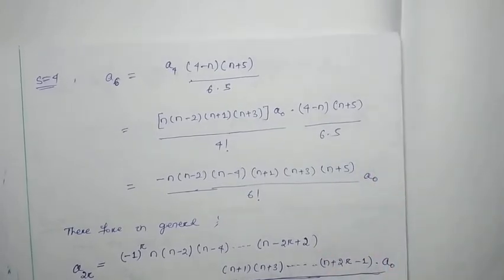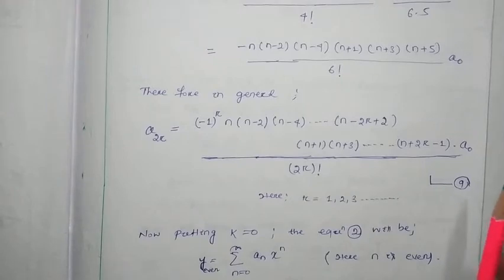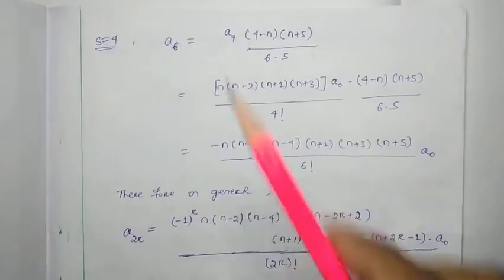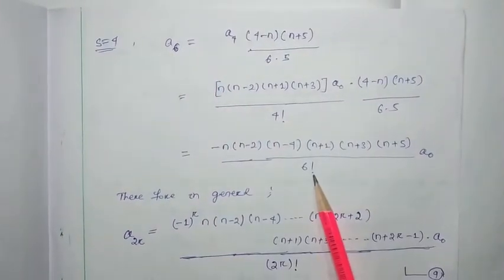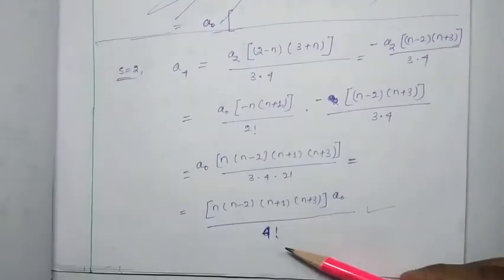Okay, so therefore in general you can write, see here, for a6 you found 6 factorial. A4 you got 4 factorial.